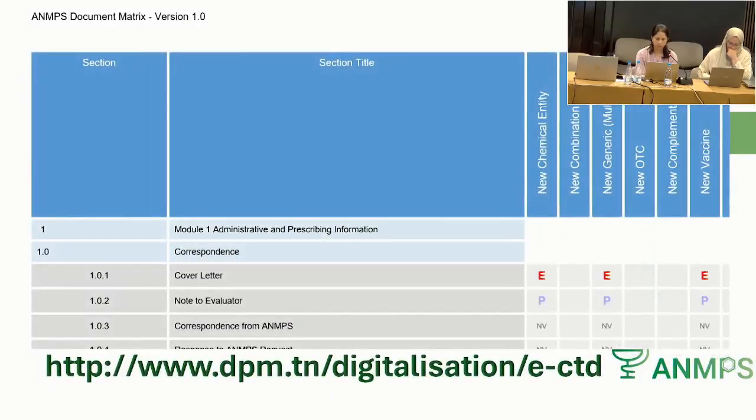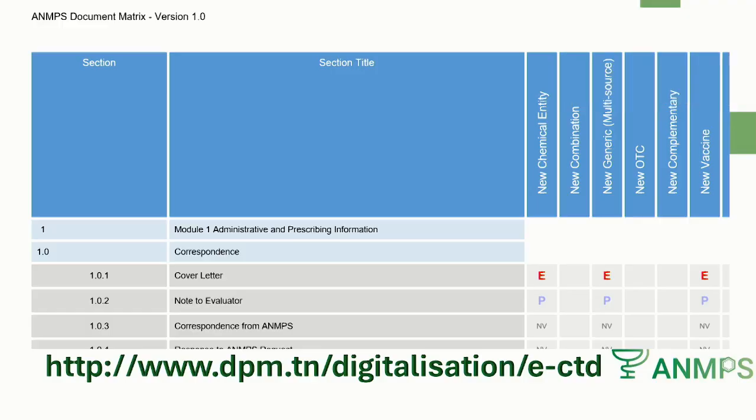Here we have the document matrix, which is a versioned file and can be updated at any time to reflect changes in processes without having to update specifications. Vendors are expected to create solutions that read from the ANMPS website and reflect the most recent version.